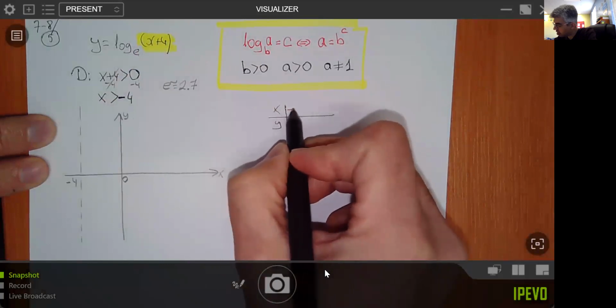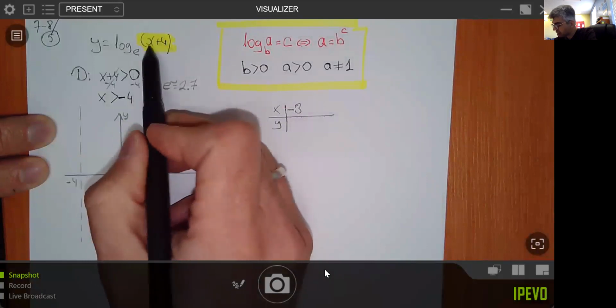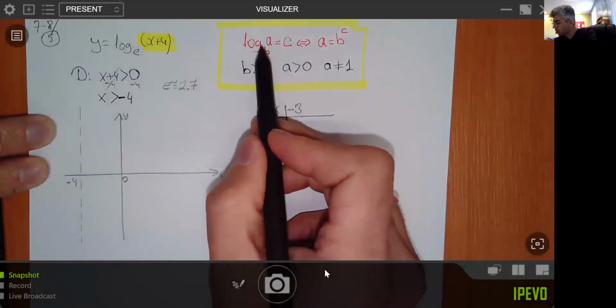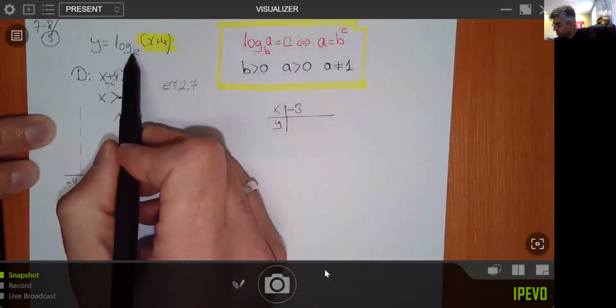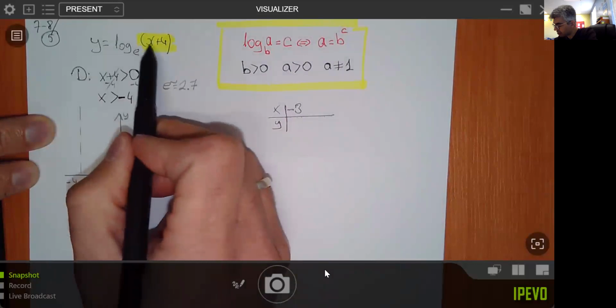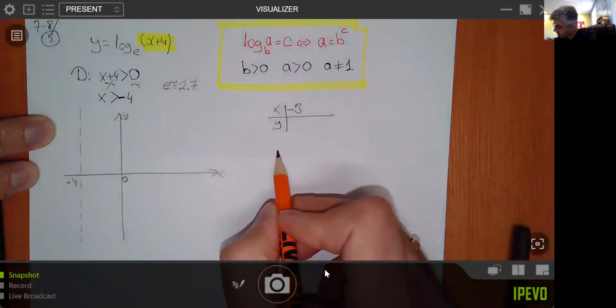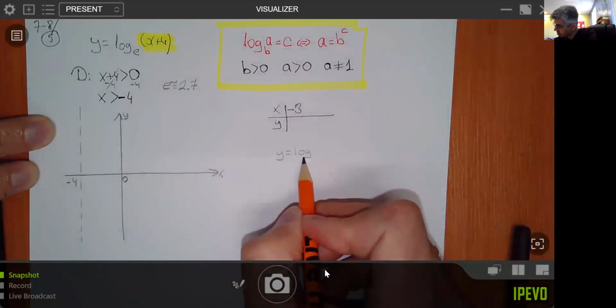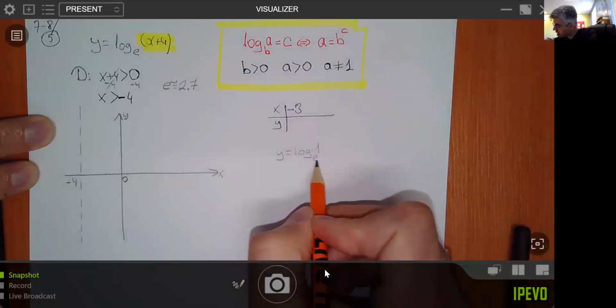If x is -3, here I will have 1, right, guys? And remember, from logarithm to exponential function. Let me write it here. So y equals logarithm, where x is equal to -3, here I will have 1.